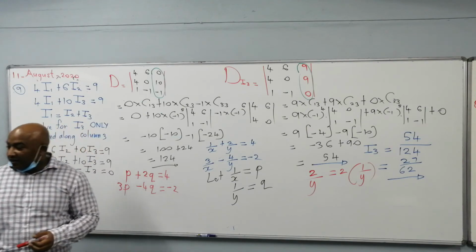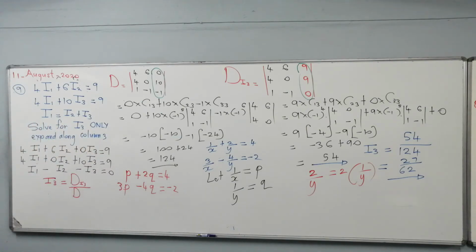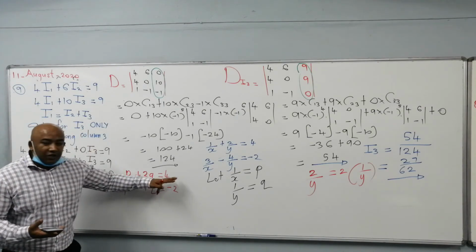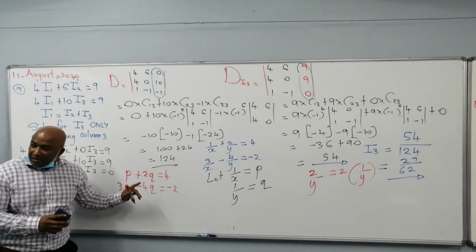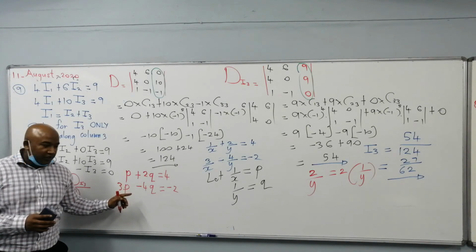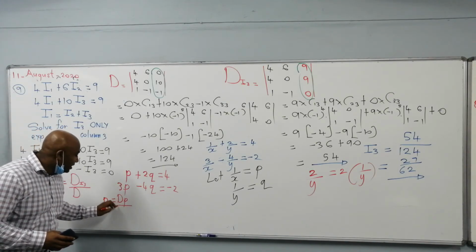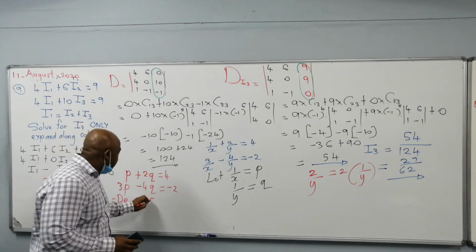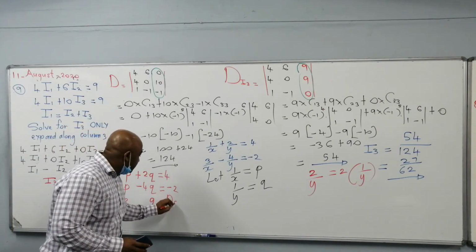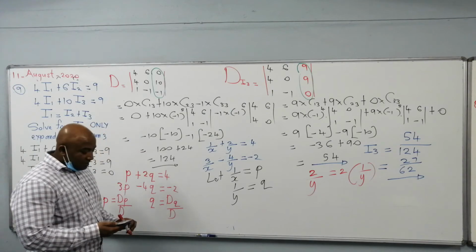Now let me have a calculator, let me do this fast. Right, so what I want to do now is work out my new equations in terms of p and q. So p is equal to dp over d, and q is equal to dq over d.